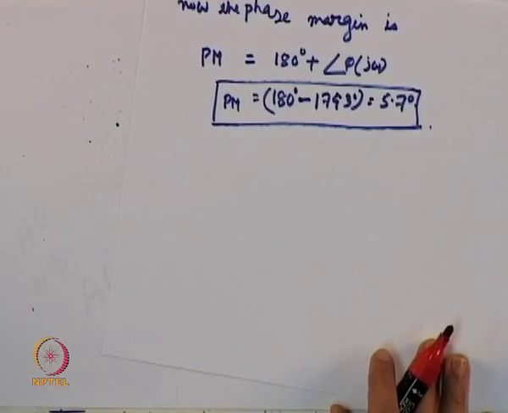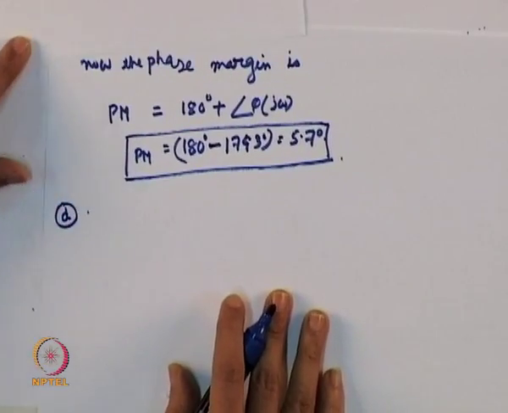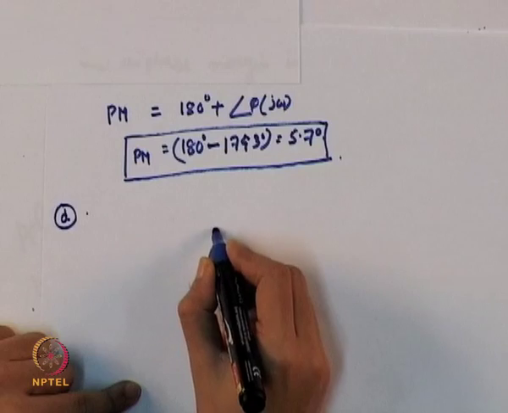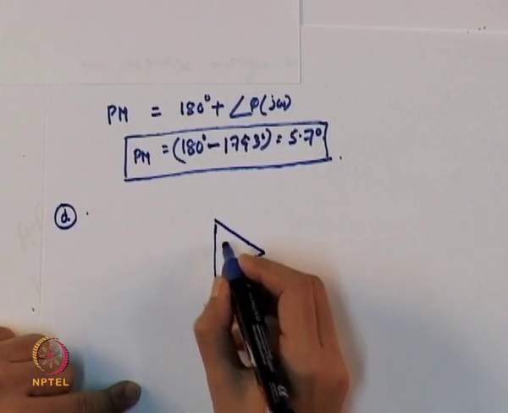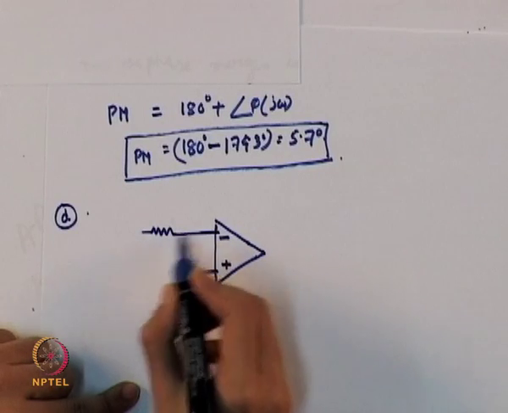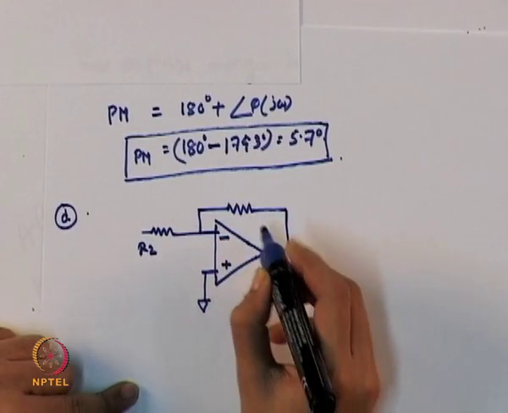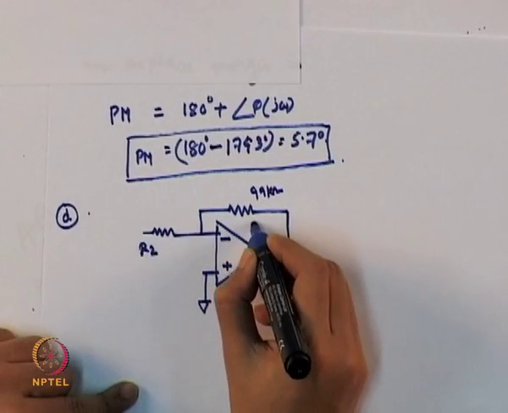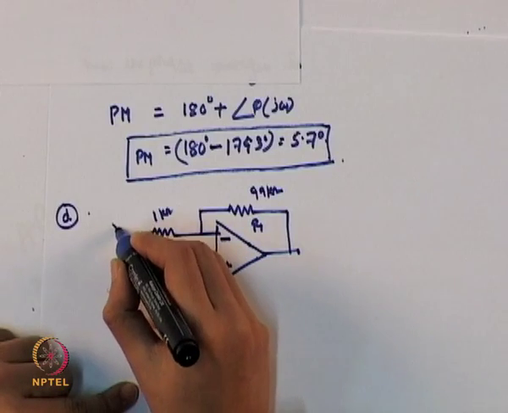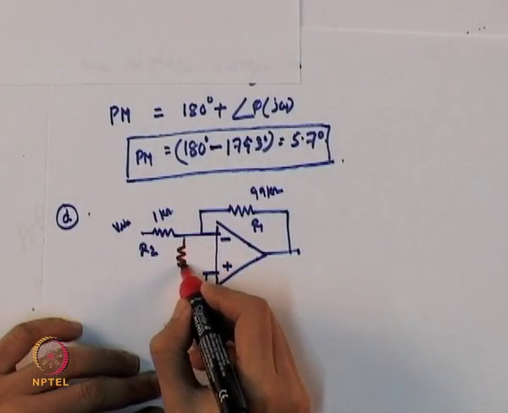So, let us see how to solve part D. This is 99 kilo ohm R1, 1 kilo ohm, Vin, and we have connected one more resistor, which is R.